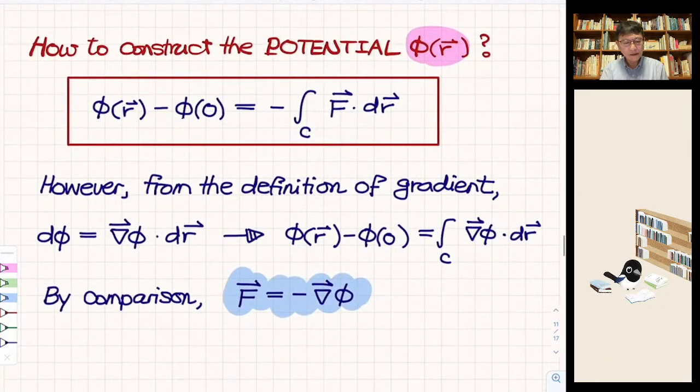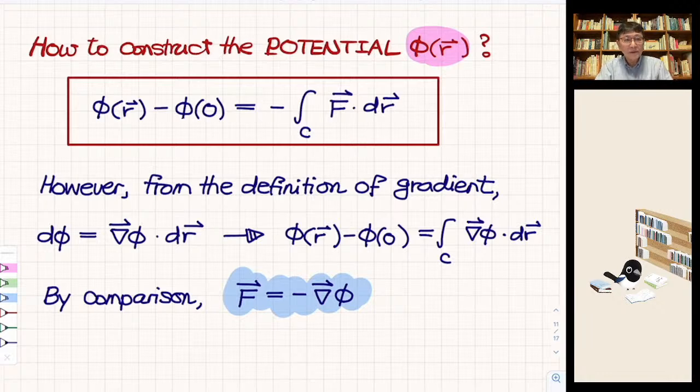And so finally, we are going to show you how you can construct the potential phi(r). As I said, if you rewrite the previous definition, we can say the potential at an arbitrary point, subtracted by the potential energy at the origin, is nothing but a contour going from 0 to r and just calculating the integration. Okay, I'm just reshuffling the terms here.